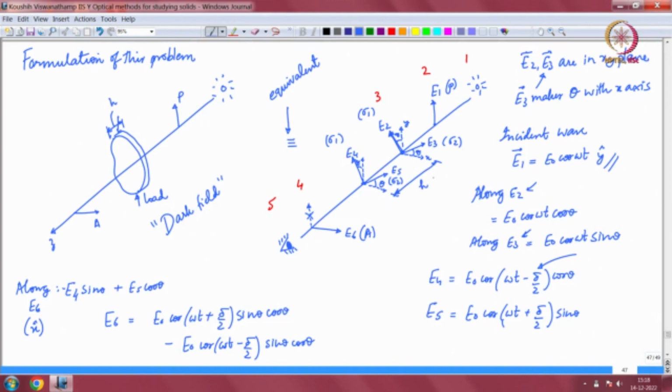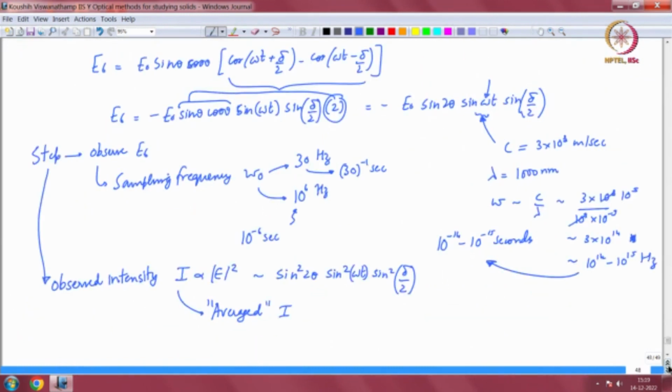So, the net change is delta, and if you do that and then you recombine at the end, the analyzer being perpendicular to the incident polarizer is going to basically give you the x component of the final field, and that we determined from here, and we saw that it is going to be something that looks like a combination of trigonometric terms.